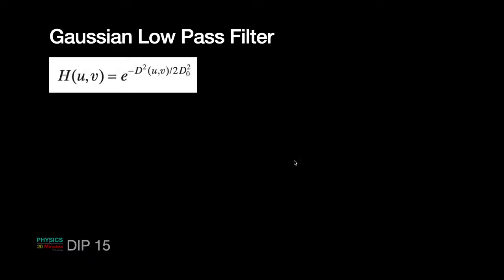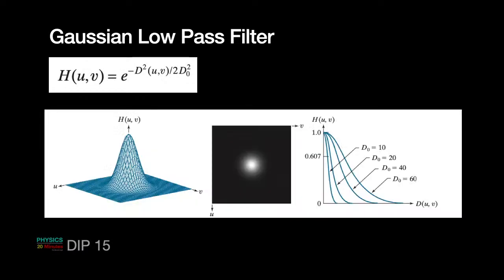So let's take a Gaussian low pass filter. The Gaussian low pass filter equation is this. Typically this part is a variable, but right now D0 has been kept. How it differs from an ideal low pass filter is in the gradation.